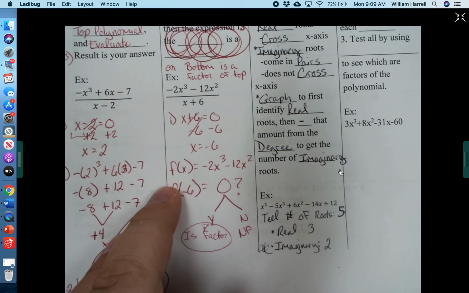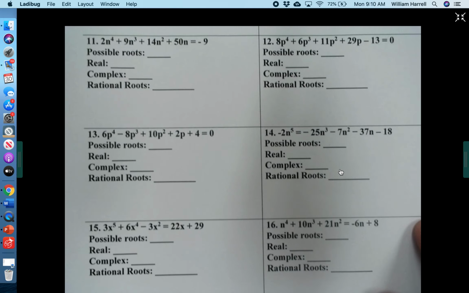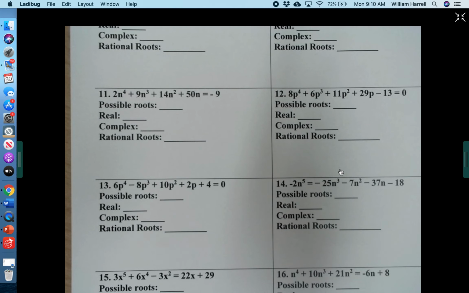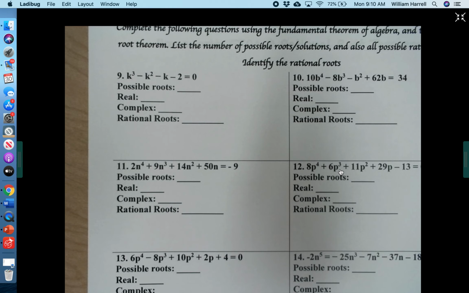All right. So I then go to page 18. We're going to start on question 9. So I give you an example: possible total roots. Again, I need to identify the degree. If I can find the degree, I have a piece of my answer.